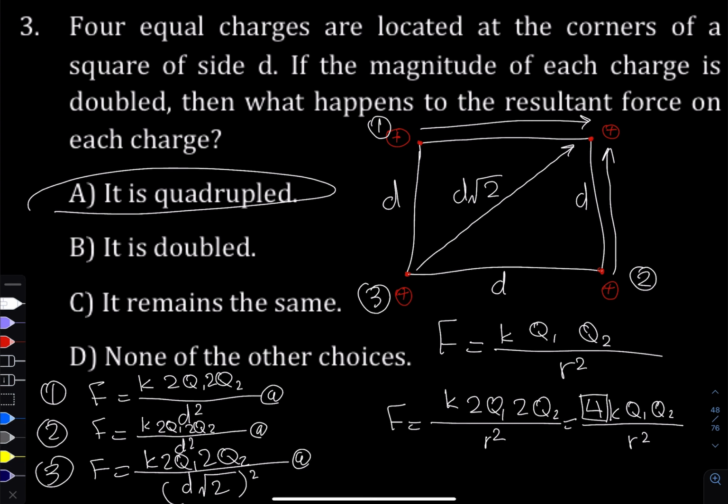So this one would be 0 degrees, this one would be 90 degrees, and this one would be 45 degrees. Right. So notice how in all of them, you just have a 4. So there you get a 4, there you get a 4, there you get a 4. So it's going to be quadrupled at the end.